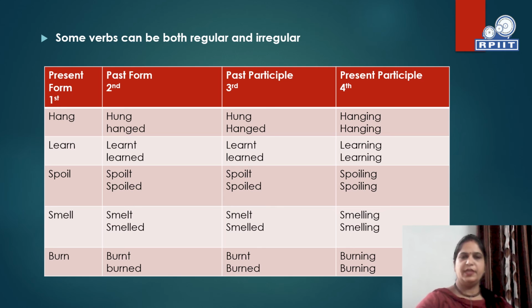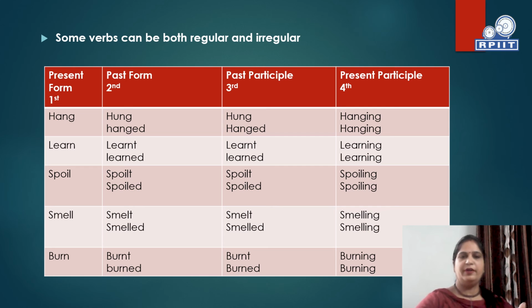Some verbs can be both regular and irregular verbs. Examples we will take: hang, hung, hung, here it is irregular verb, while hanged, hanged is a regular verb. Learn, learnt, learnt is irregular verb; learned, learned is regular verb.